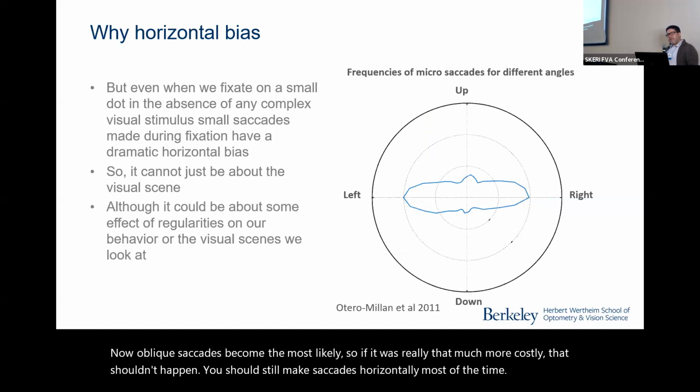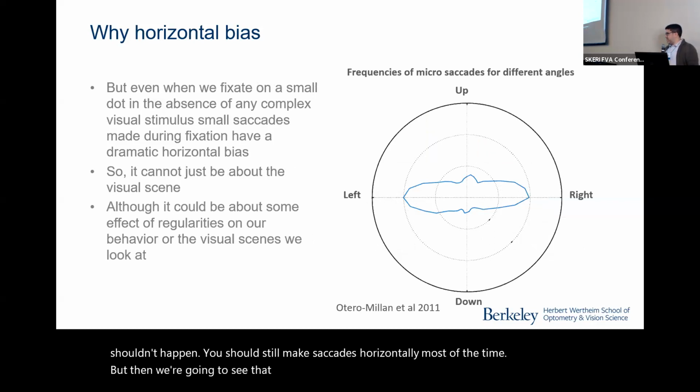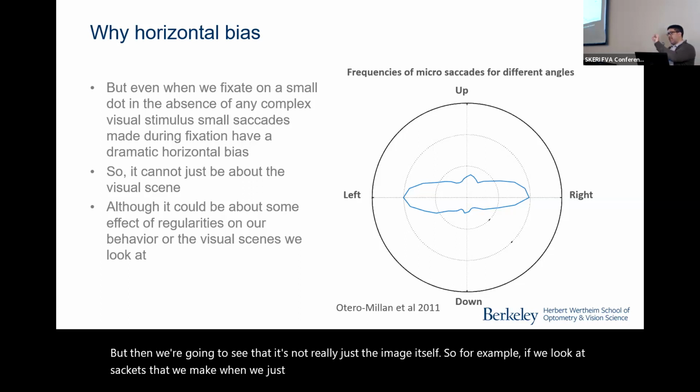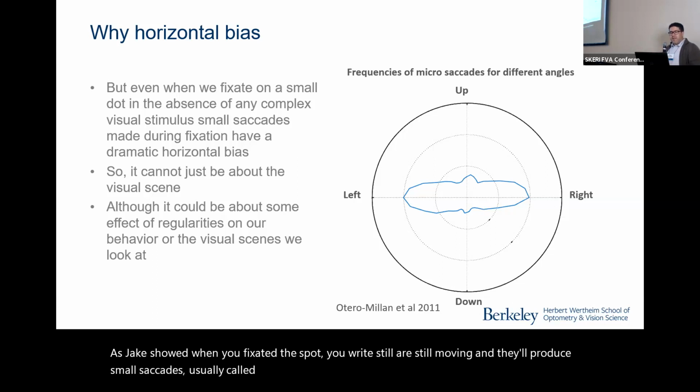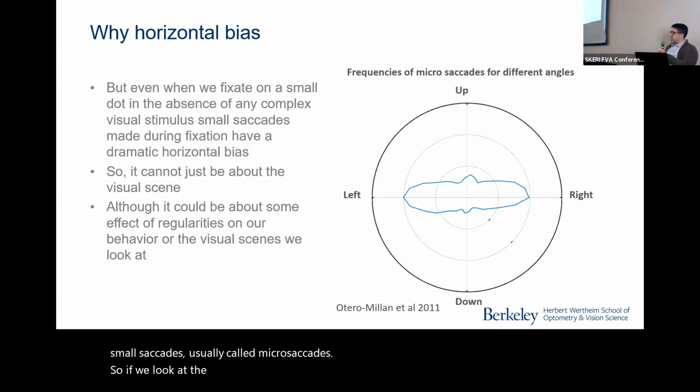But then we're gonna see that it's not really just the image itself. So for example, if we look at saccades that we make when we just try to fixate at a spot, as Jake showed, when you fixate at a spot, your eyes are still moving, and they'll produce small saccades, usually called microsaccades. So if we look at the direction of those microsaccades made during fixation, they show a very strong directional bias as well.